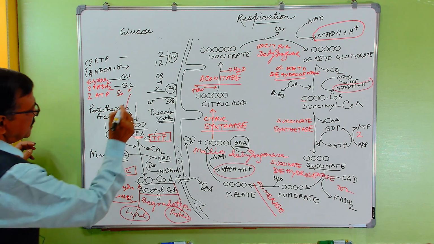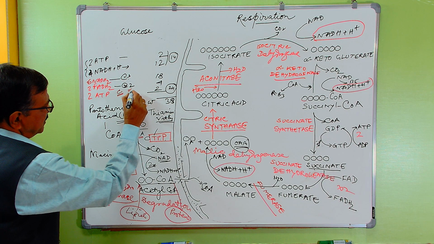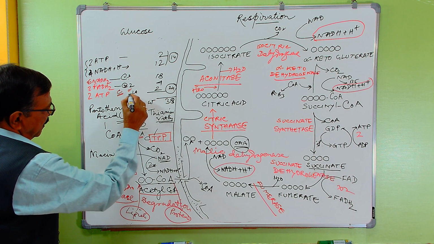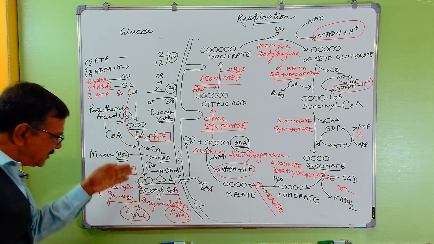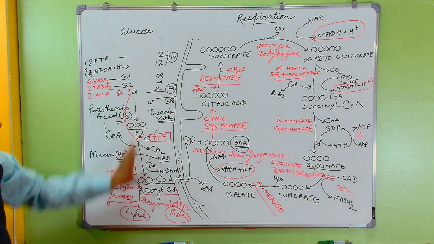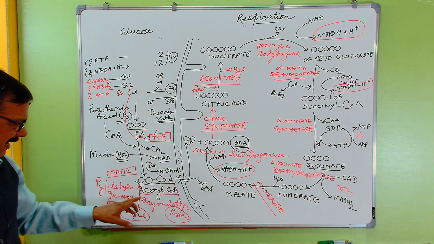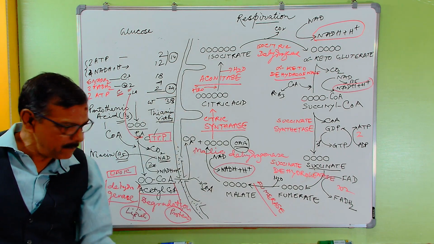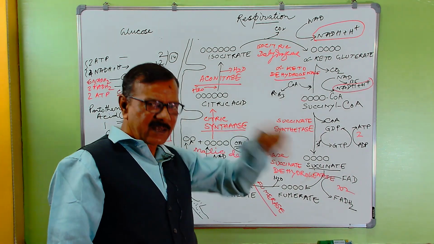Lactic acid on dehydrogenation produces pyruvic acid, so it follows the same path. So this is very much important. In glycolysis, pyruvic acid is important, and acetyl coenzyme is even more important than this.